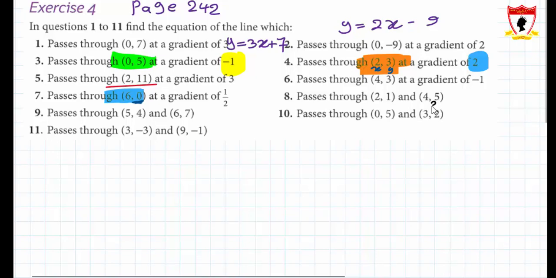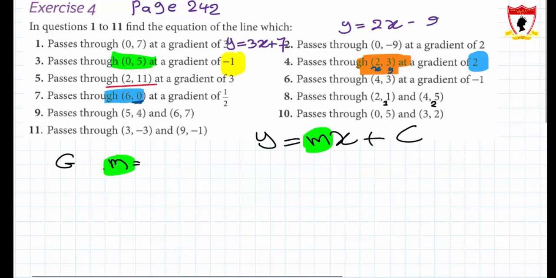Let's call these 2 points y2 and x2, and these 2 points y1 and x1. Then gradient, usually gradient or slope is named as m, but it's fine, it's just naming. Why do we call it m? Because in the standard form, y equals mx plus c, m is the gradient.